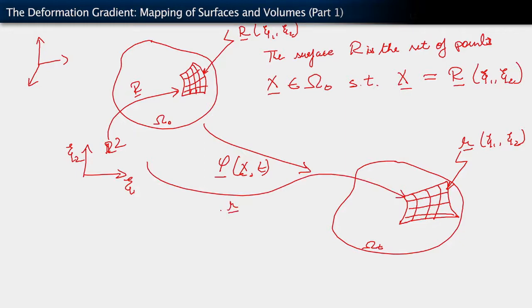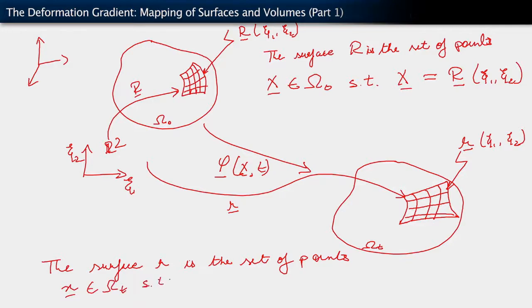Okay? But furthermore, we know that points R, right? Actually, let me define the surface little r. The surface little r is the set of points little x belonging to omega sub t such that little x equals little r of xc1 comma xc2.